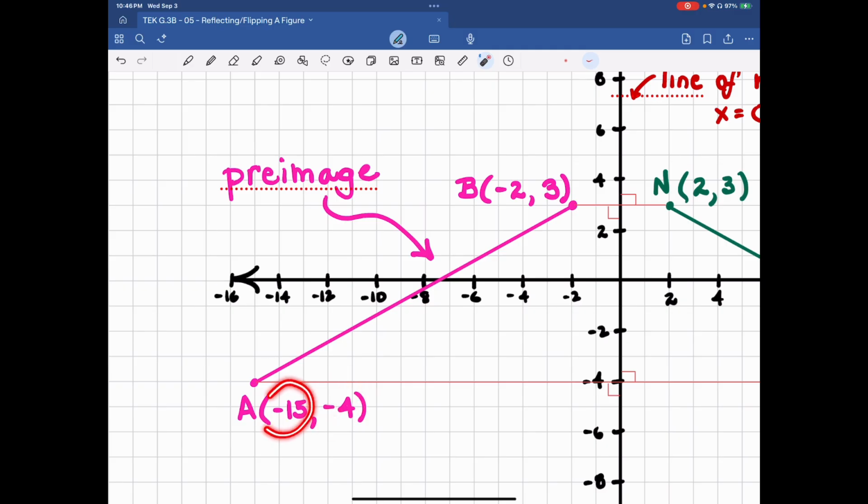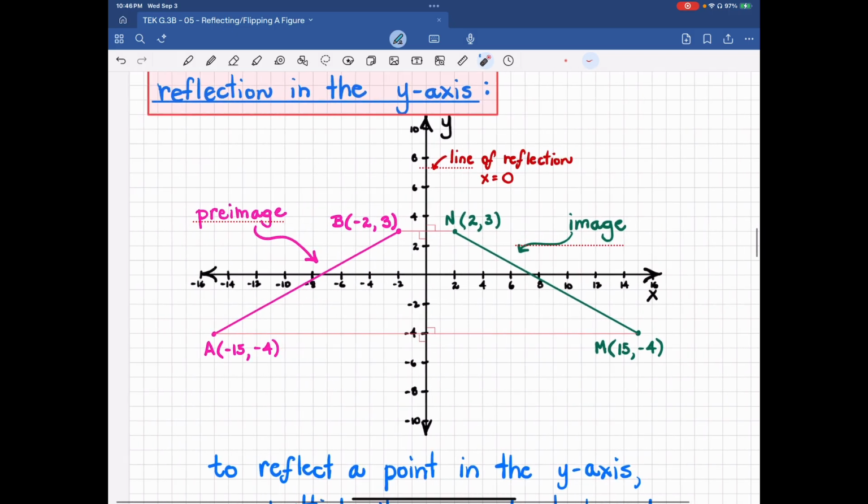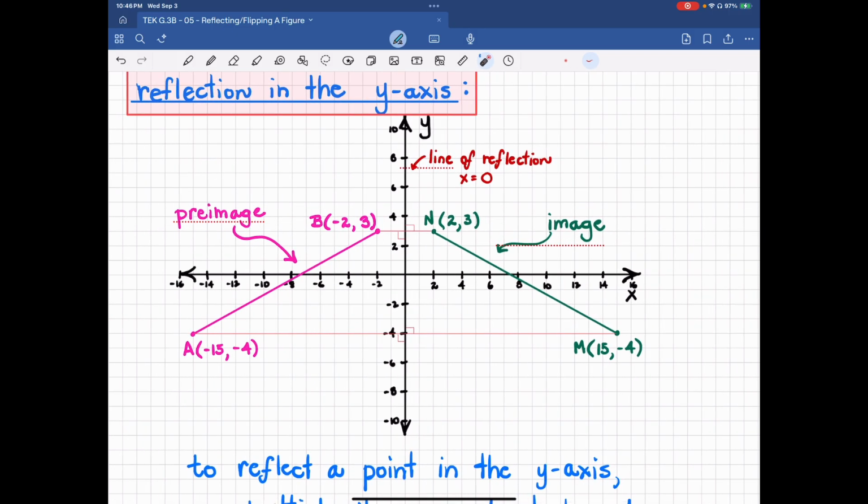However, the sign is going to change on the x coordinate. So instead of it being -15, -4, it's going to be +15, -4. At least I think it is. Let's check. Look at this. 15, -4, -15, 4. This is amazing.